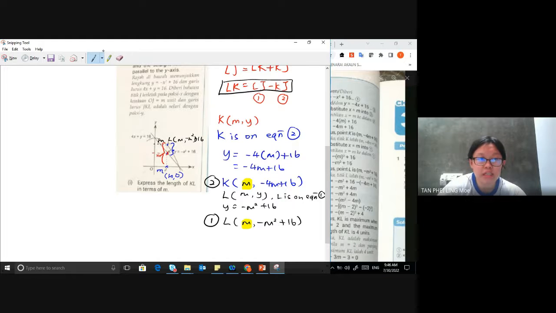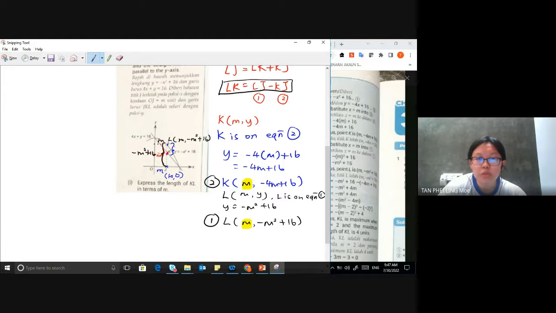Okay, so let me explain one more time here. From the coordinates, you know that this is M, and you know that this is negative M squared plus 16. It tells you that the length here at L is actually negative M squared plus 16.